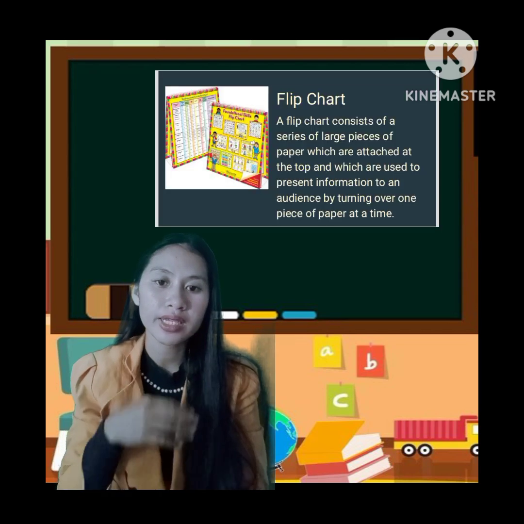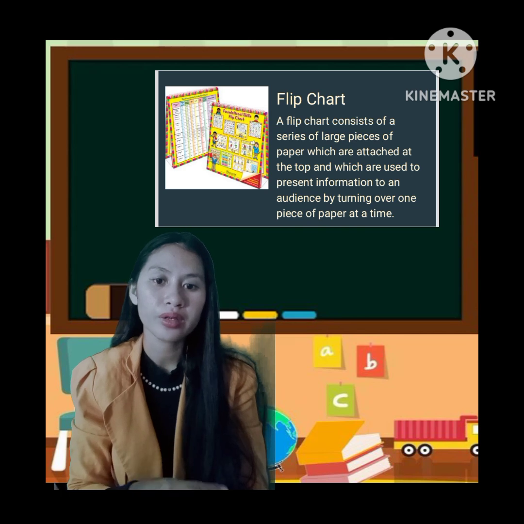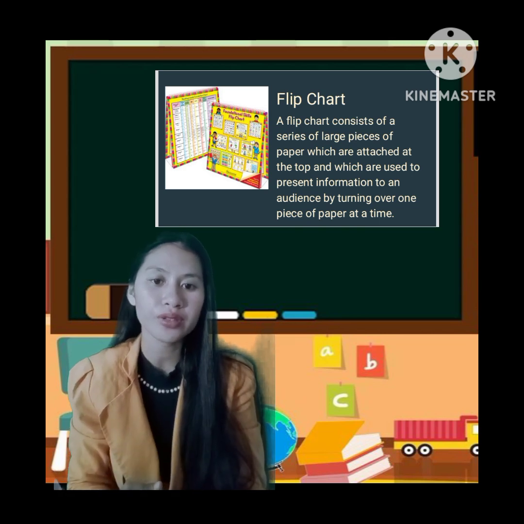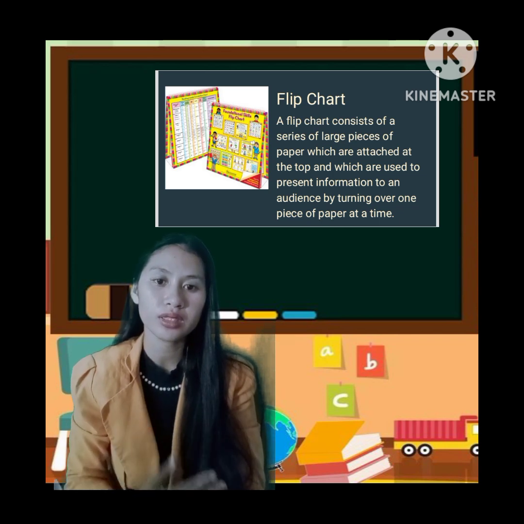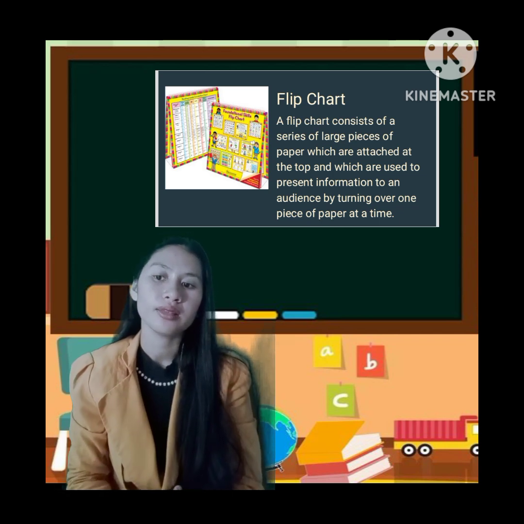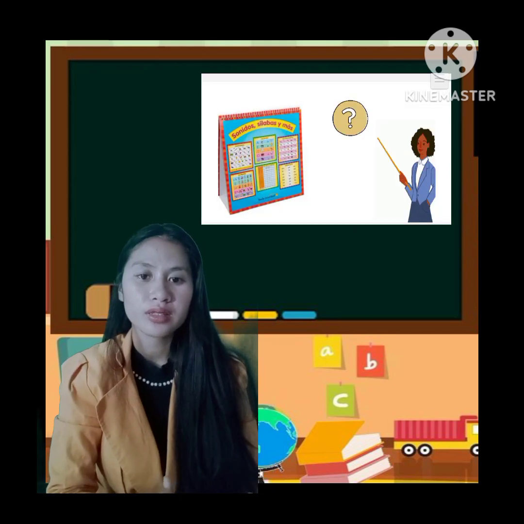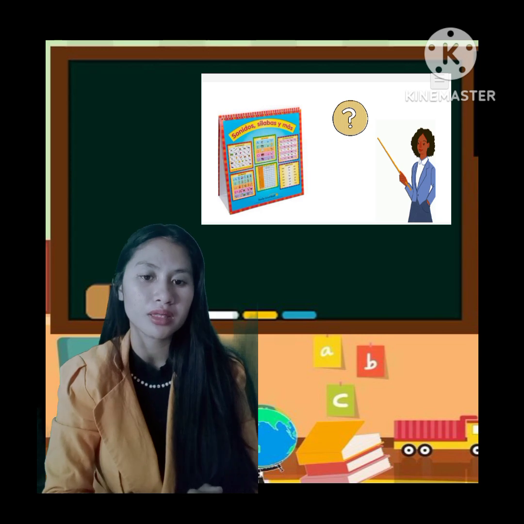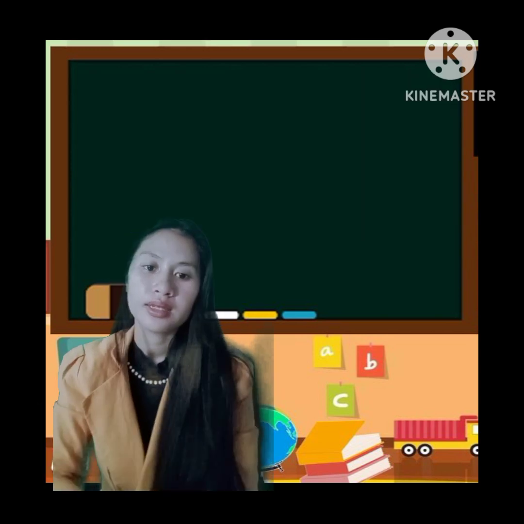Flip chart contains a small or big, large piece of paper where they portray different information, and we can just flip it over, turn the pages over and over. Flip charts are commonly used in kindergarten. Flip chart is a very effective learning material for beginners.